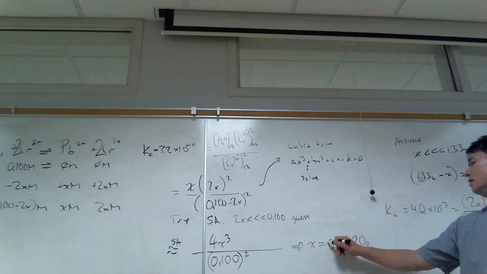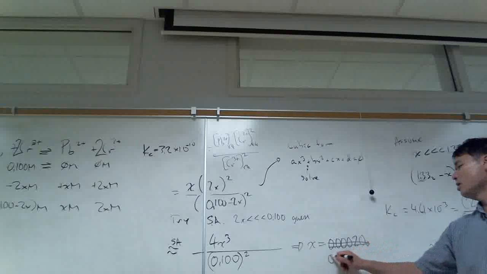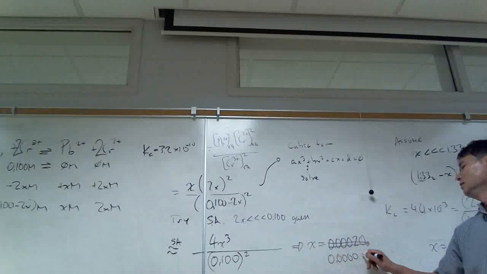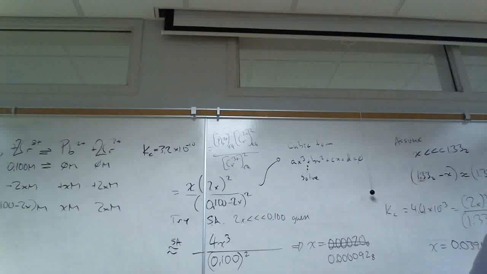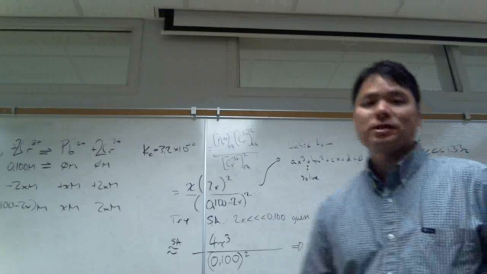Okay, so we'll go with that. Quadruple 0, 9, 2, 8. Okay, we're allowed 2 sig figs. Now we have to justify our assumption. So let's go ahead and do that next.